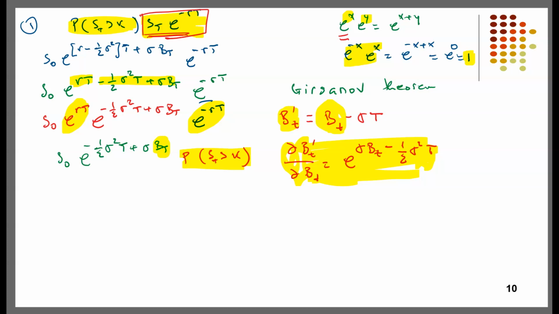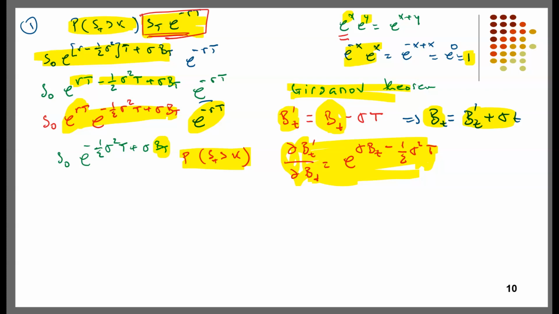I'm saying, if I can model the stock price as a function of the new Brownian motion as follows, I can say that BT is equal to the new Brownian motion B prime T plus sigma T. If I can do that, and I can replace this BT in here in S0 in this value of ST, I won't have to worry about this term, because then I could be using this theorem, and I could just be working just like what I did earlier in finding N(d2).